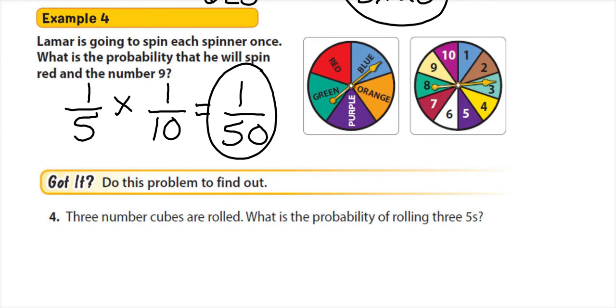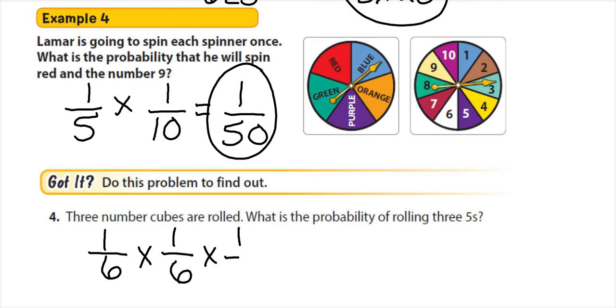All right. Okay, let's try the got it question by ourselves. And let's take a look. It says 3 number cubes are rolled. What's the probability of rolling 3 5s? Okay, well, on a number cube, you have 1, 2, 3, 4, 5, 6. Okay, we need to roll 5 each time. So we get a 1 in 6 chance the first time. We're doing it 3 times, so we're going to have a 1 in 6 chance again.